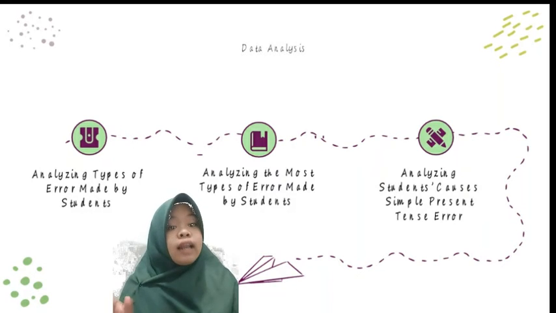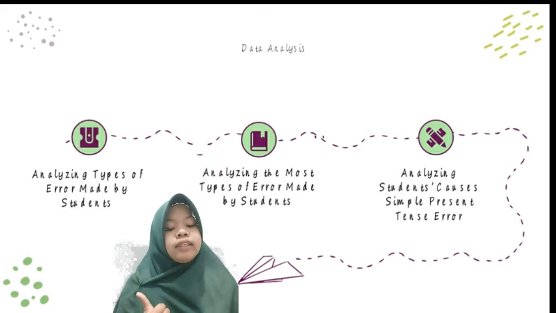And last, I will explain to you about the data analysis. Data analysis is a process carried out by researchers to find research by systematically searching and compiling data on the material to be collected. And data analysis, I divide into 3.